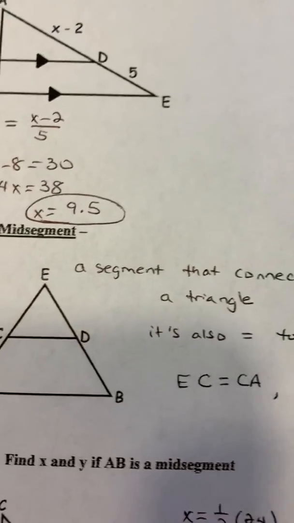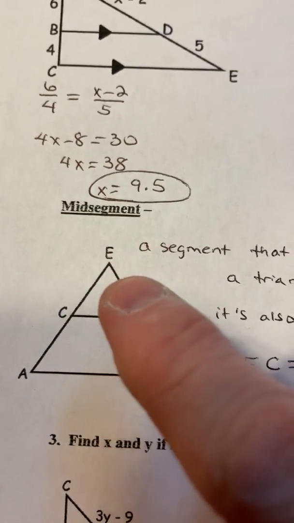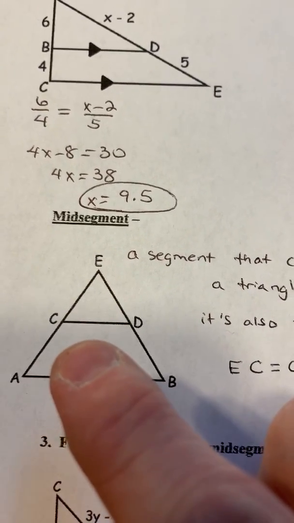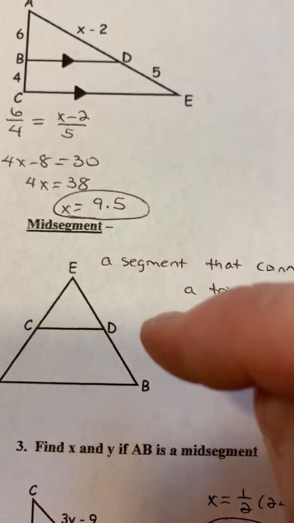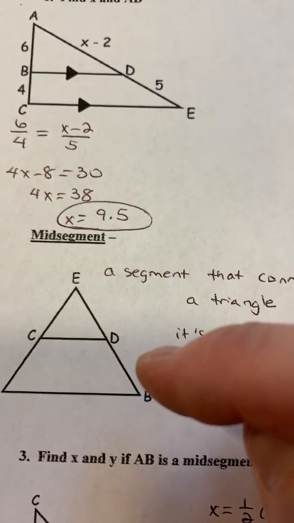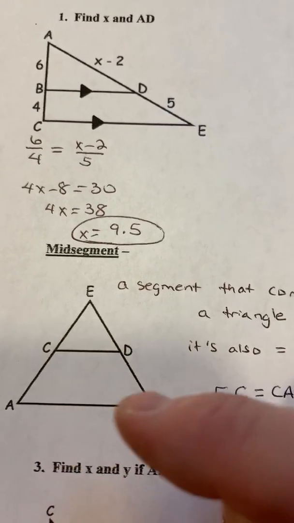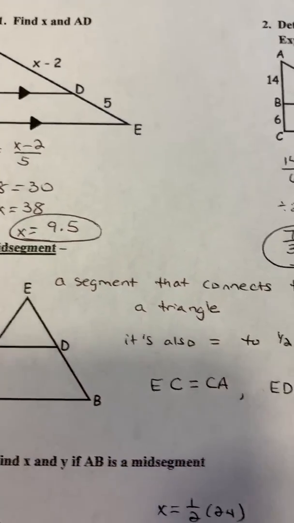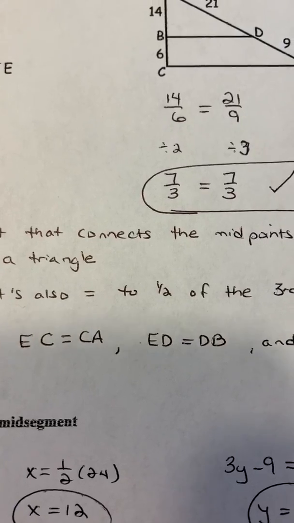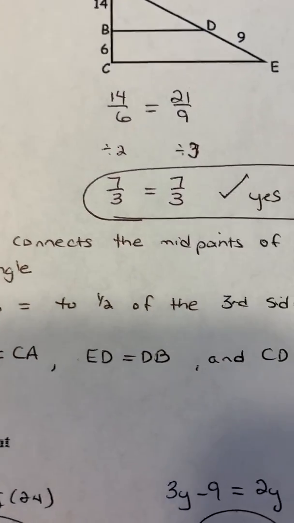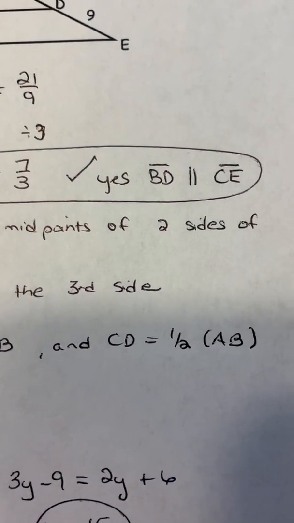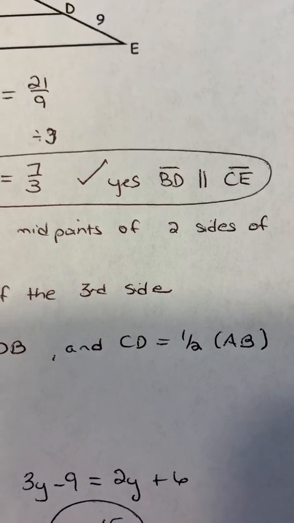So what that means is EC is equal to CA, ED is equal to DB, and furthermore, CD is half of AB. So there are your written out versions there: EC and CA, ED and DB, CD is half of AB.